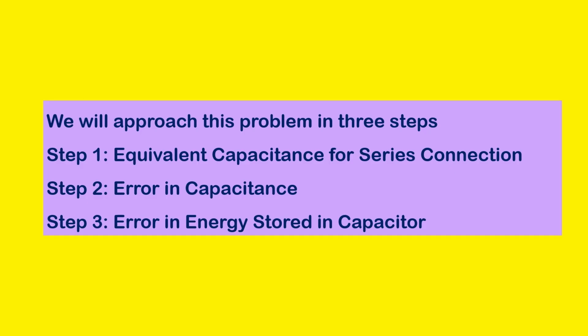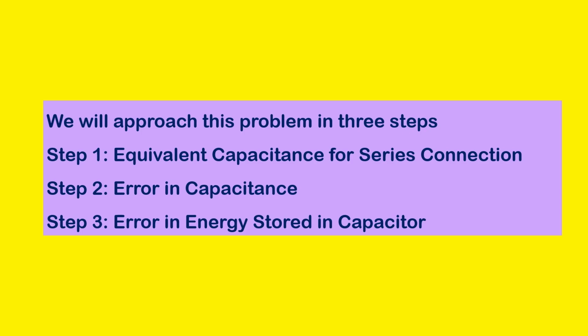The error in the energy stored in the capacitors can be calculated in 3 steps. First, we will calculate the equivalent capacitance of the capacitors. We have two capacitors connected in series, so as a result of the series connection of C1 and C2, we need to calculate the resultant capacitance value.